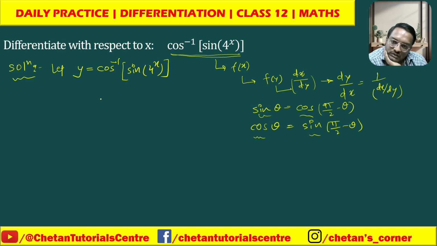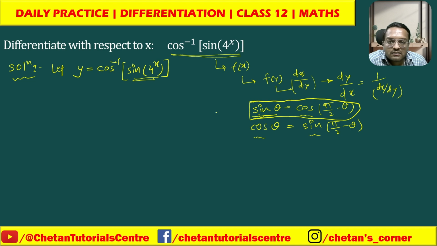So what we can do here is we can convert this function of sine into cos using this relation. So let's do that. Cos inverse of. Now how to do this? Let me show you.